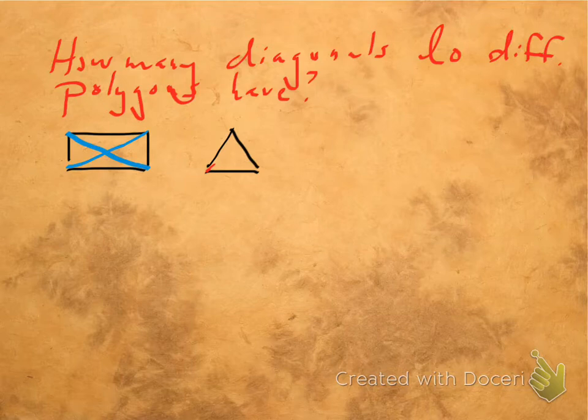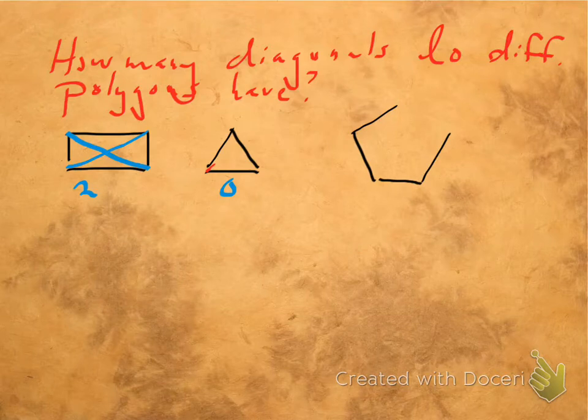I don't cut across the figure. But if I have any kind of quadrilateral, I will have two diagonals. So in terms of answering this question, triangles look like they have zero diagonals. It looks like rectangles have two. Let's go up to the next, or actually any quadrilateral.